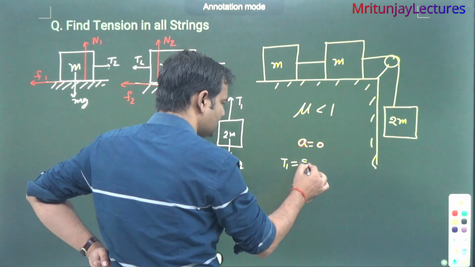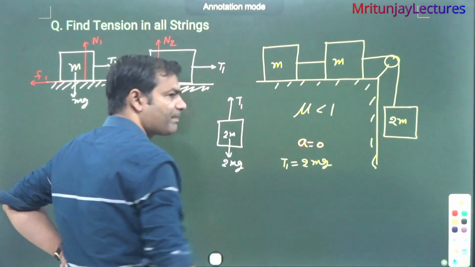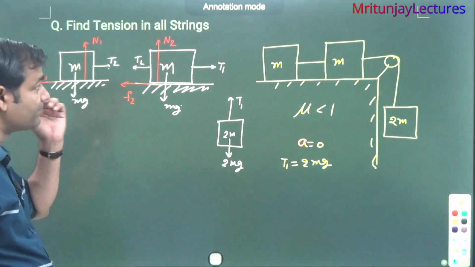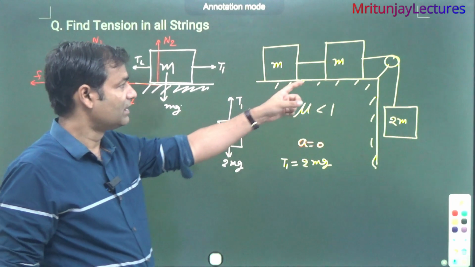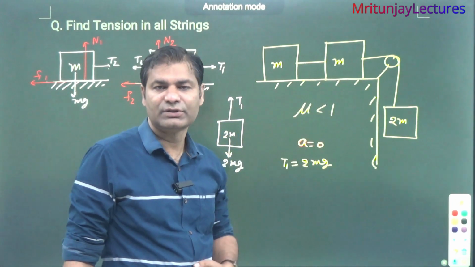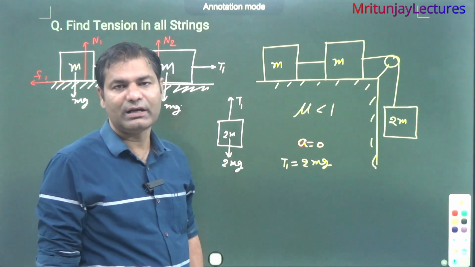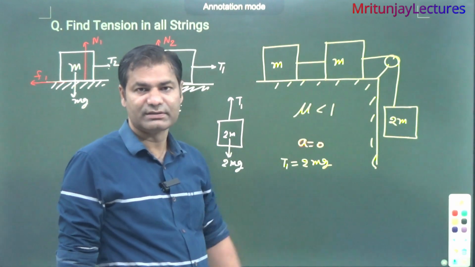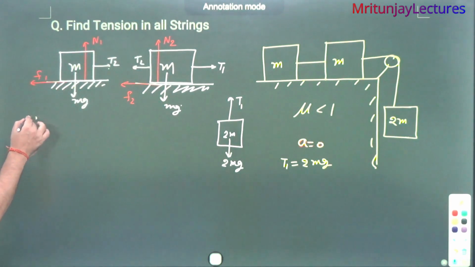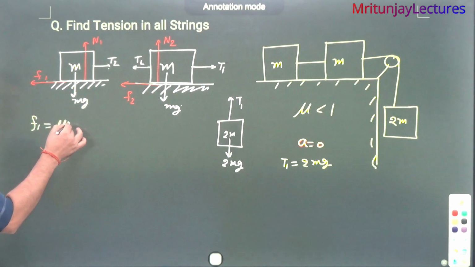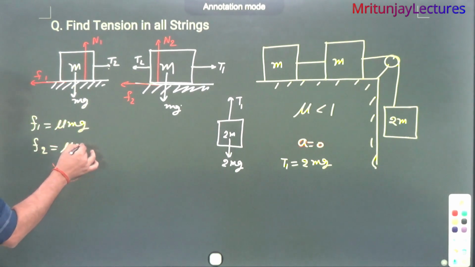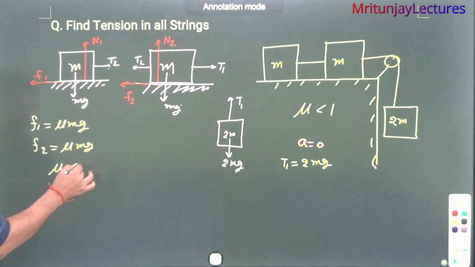a equals 0 means T1 is 2mg. Now, look here. The force applied on that string is 2mg in the upward direction. The maximum frictional force allowed by these two surfaces is F1 equal to mu mg, and F2 also mu mg, and mu is less than 1.